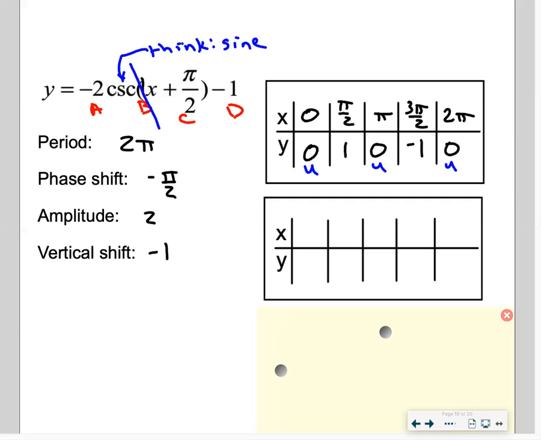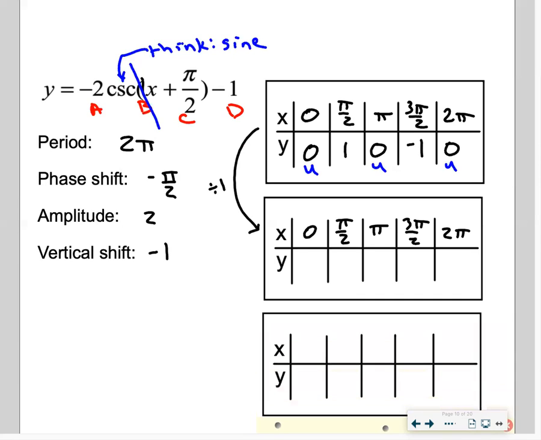That's my starting point if I divide by b. So dividing by 1, I still end up with the same coordinates. This was just dividing by 1. My last one, it looks like I would be subtracting pi over 2.